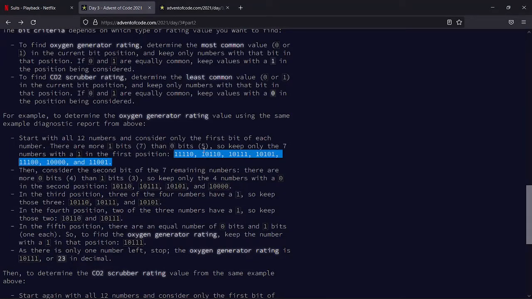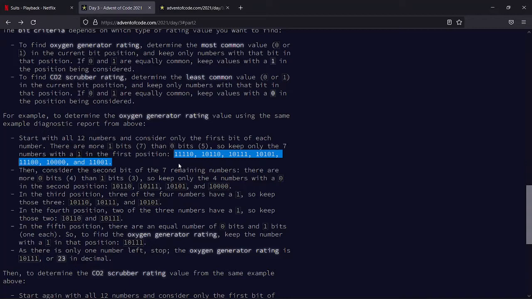Now, among these numbers, we will repeat the process for the next index. So in the second index, this has 1, this has 0, this has 0, this has 0, this has 1, this has 0, and this has 1. So the frequency of zeros in the second index among the filtered numbers is more than the frequency of ones.